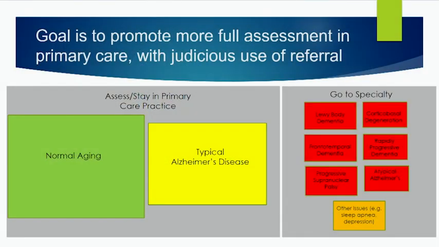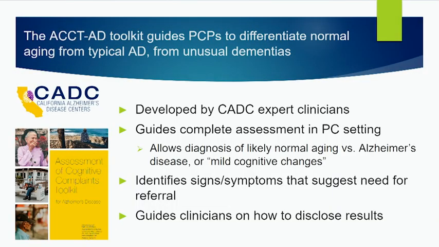And the toolkit's goal is to kind of bifurcate right there, okay? So the ACCT-AD toolkit guides primary care providers to differentiate between normal aging, typical AD, and then unusual dementias.